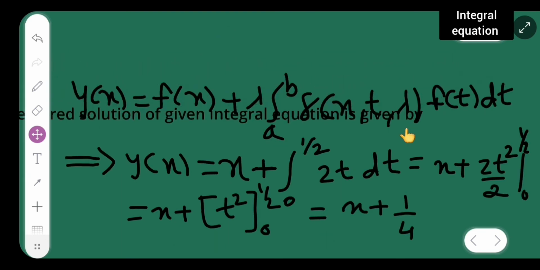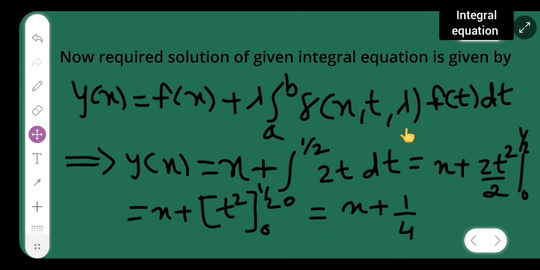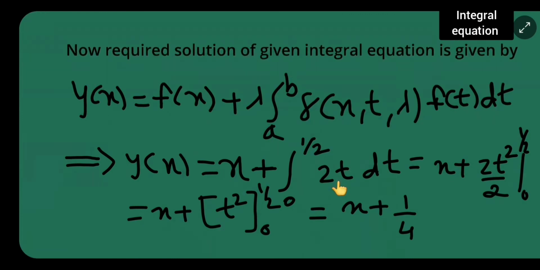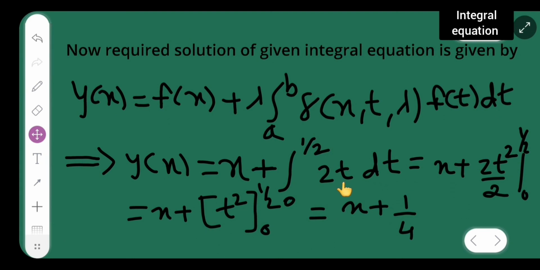So I have written here 2. Okay, and then what is my f of t? F of t is nothing but t. Here my f of x was x, but this is in terms of t, so it is t. So dt. Now this is equal to what?